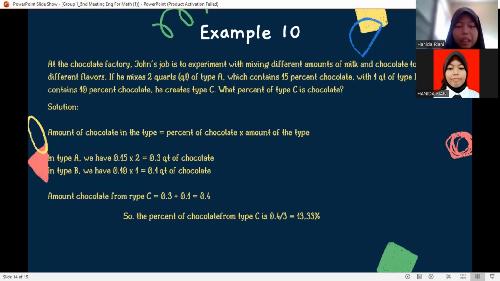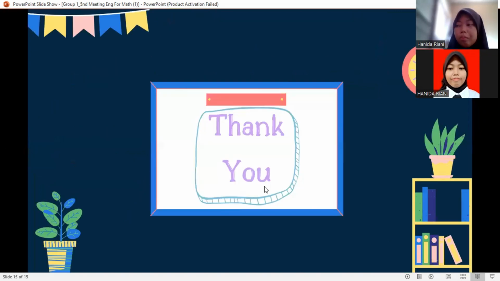So the percent of chocolate in type C is 0.4/3 equals 13.33%. So the percent of type C that is chocolate is 13.33%.